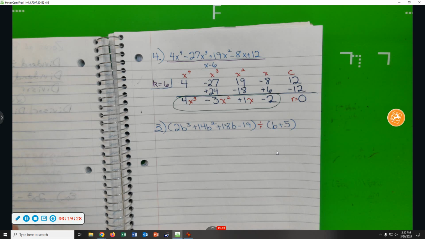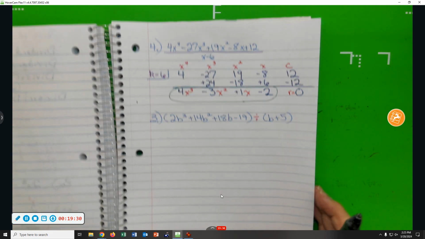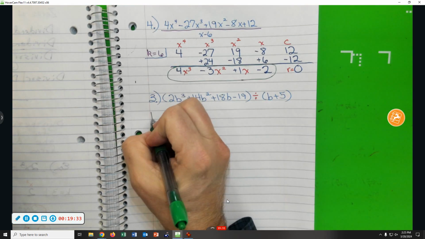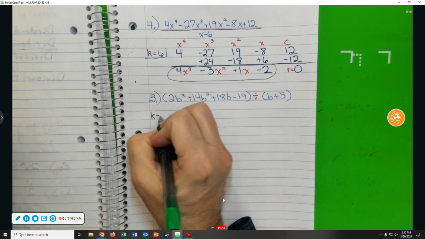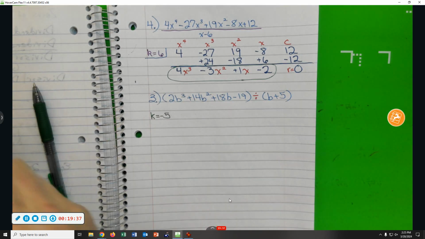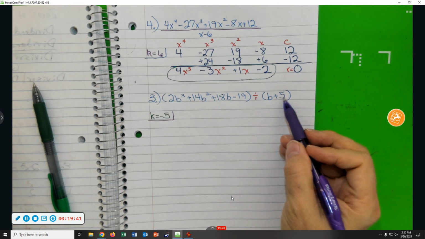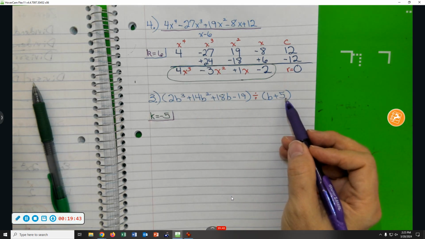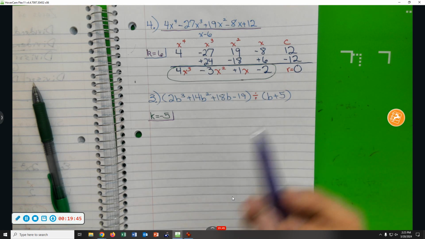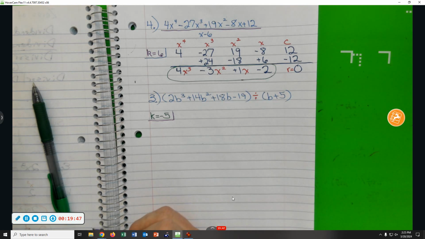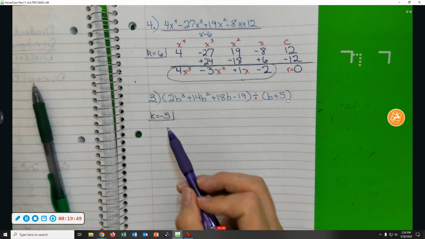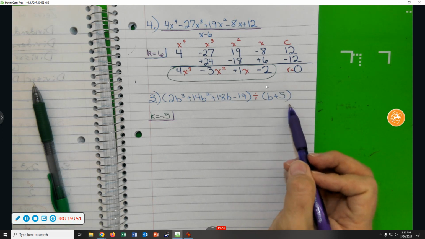So let's determine our k value. Negative 5, I agree. Remember, it's exactly the opposite of what you see in that divisor. You see a positive 5, the k-value is a negative 5. The k-value is the number that makes the divisor equal 0.